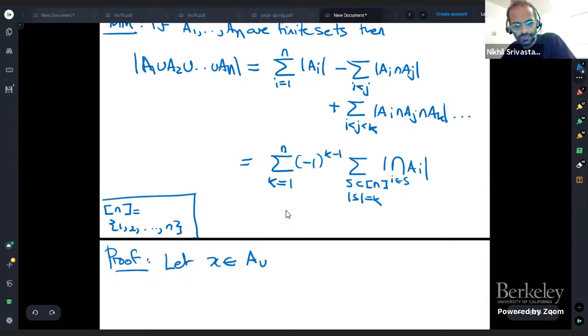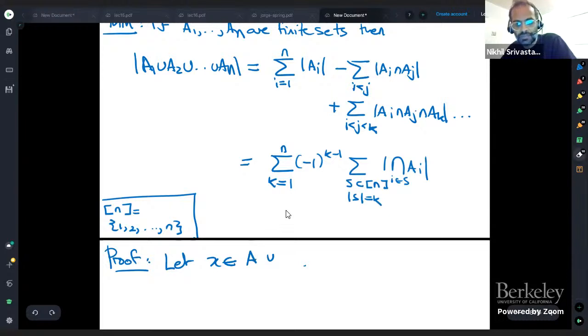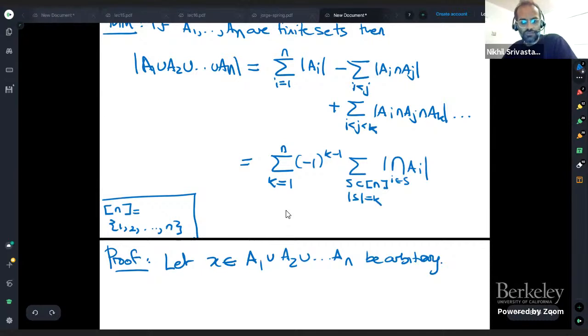So x is an element of A1 union A2 union all the way up to AN, arbitrary.